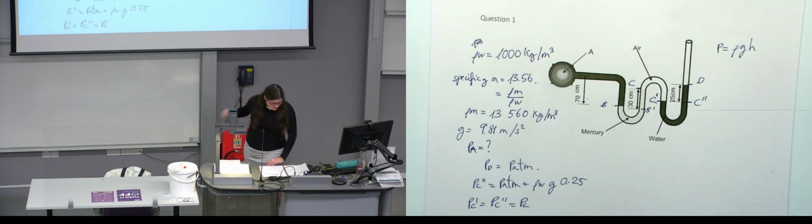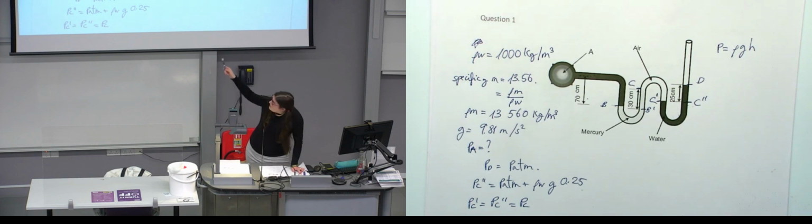The question doesn't give us the density of mercury. It gives us the specific gravity of mercury, which is the density of mercury divided by the density of water.